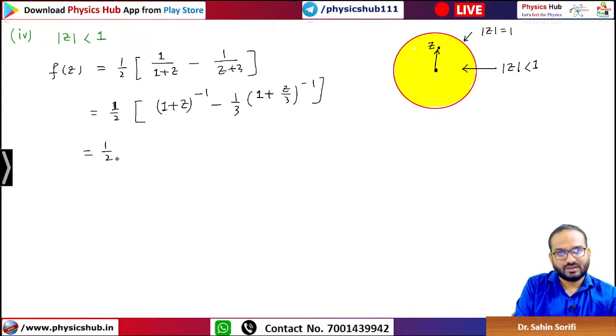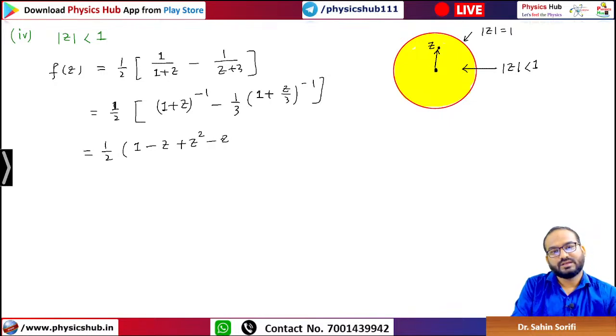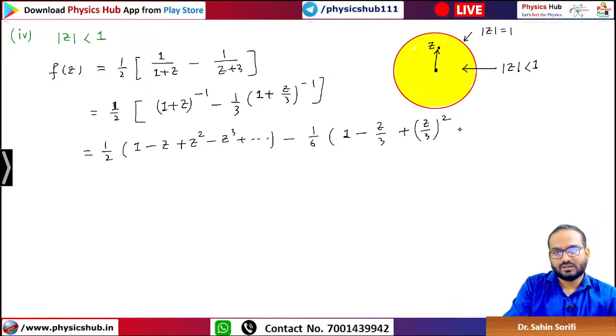So this equals half times 1 minus z plus z square minus z cube and so on, minus 1/6 times 1 minus z by 3 plus z by 3 square minus z by 3 cube and so on.